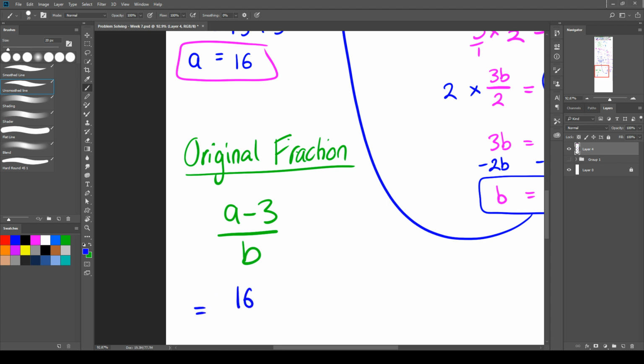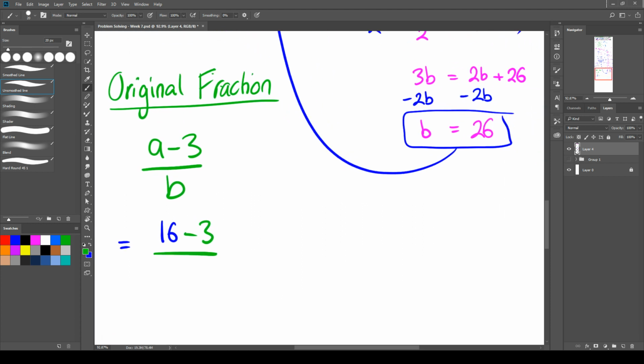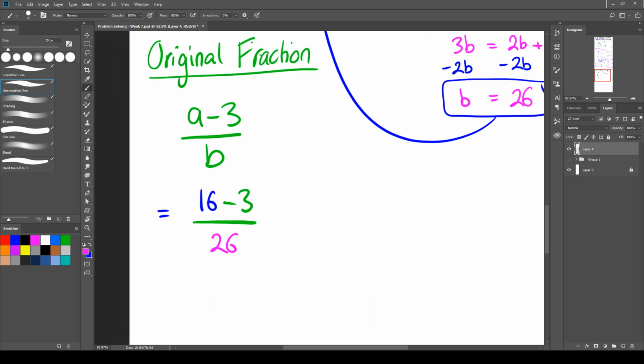So 16 take away 3 all divided by, and we know the letter B is 26. So I just put them in. Now what do I get? Well, 16 take away 3, that gives me 13 over 26.